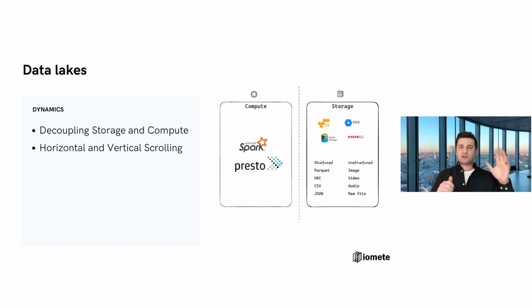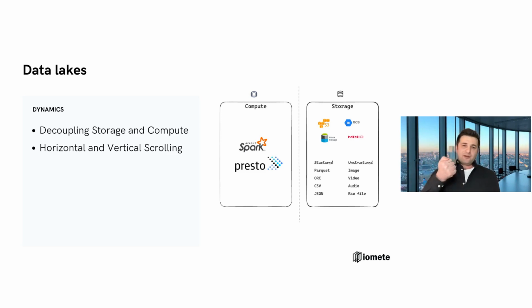Especially on the cloud, we got storage-focused distributed storage systems like AWS S3, Google Cloud Storage, Azure Blob Storage. And on the compute end, lots of compute engines started getting traction: Apache Spark, Apache Presto, Trino, MonetDB and others.